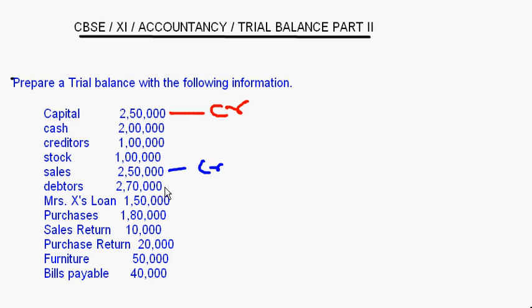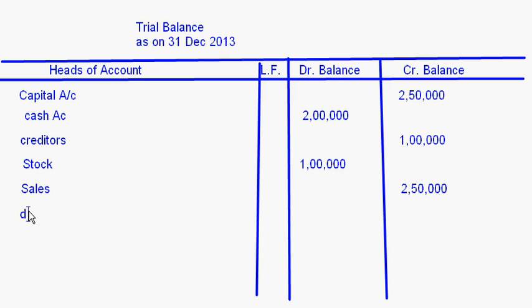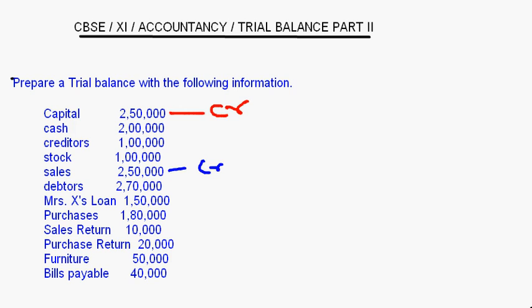Debtors are the persons who will pay us money, so that is basically an asset for us, right? So assets have a debit balance, so 2,70,000, fine. So debtors, in the debit balance side we'll write the amount 2,70,000, right?